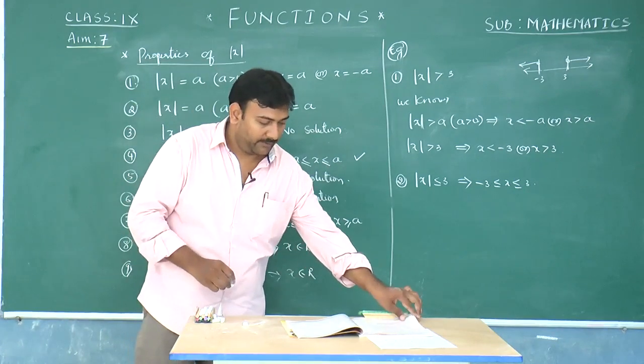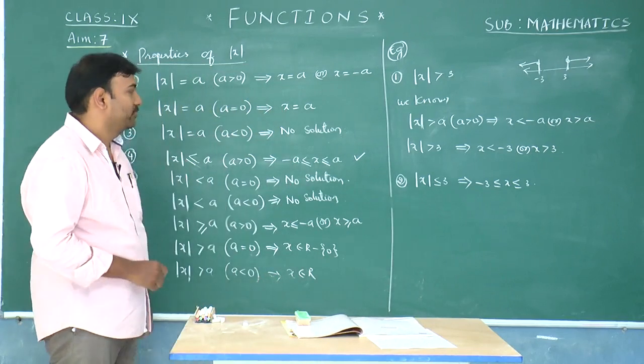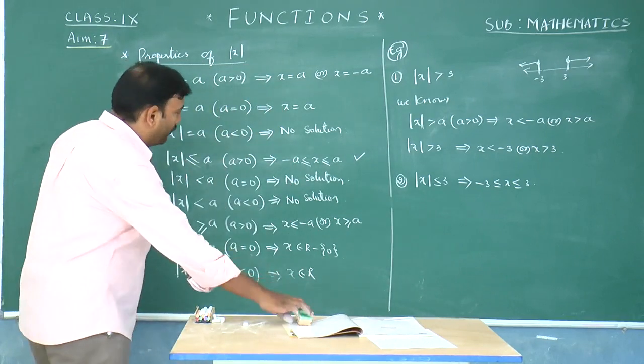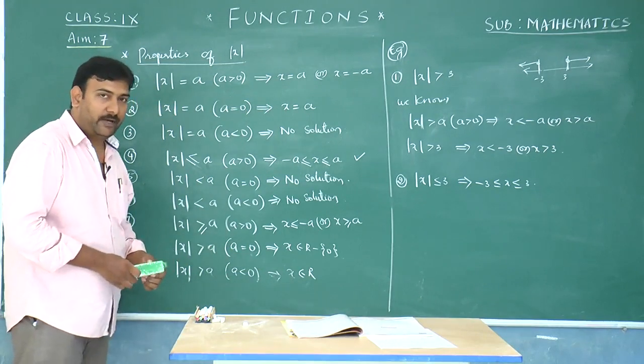So, here we have discussed the absolute value of a real number x. Because we came to know about the absolute value of a real number x, we can now discuss the absolute value function.